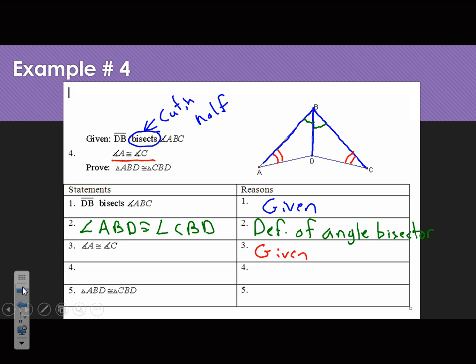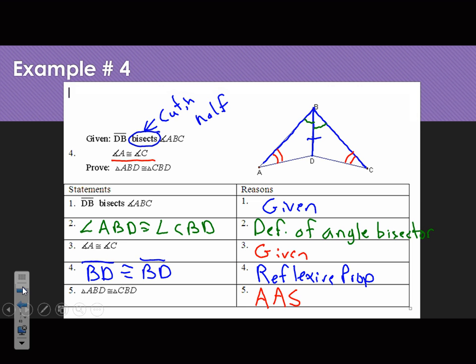Then one of my personal favorites, we can see it right away. BD is congruent to BD because of the reflexive property. Now we should have enough information to prove that triangle ABD is congruent to triangle CBD. This time we're going to go with angle, angle, side.